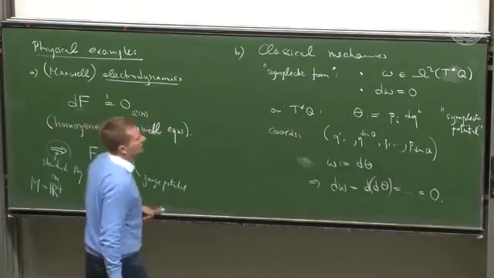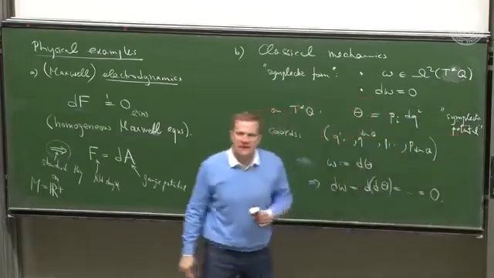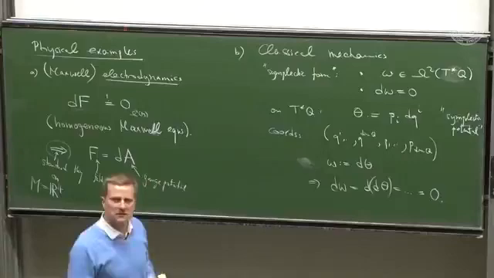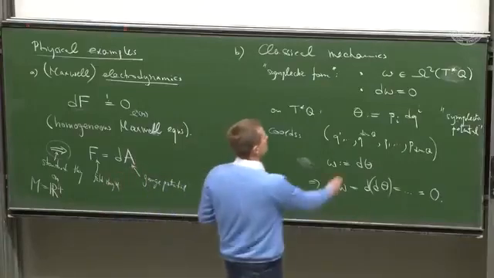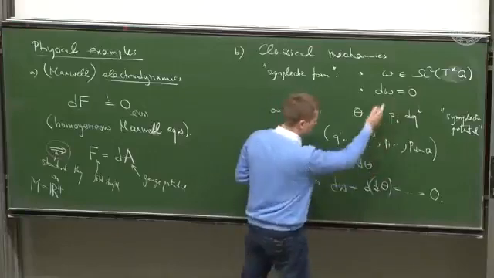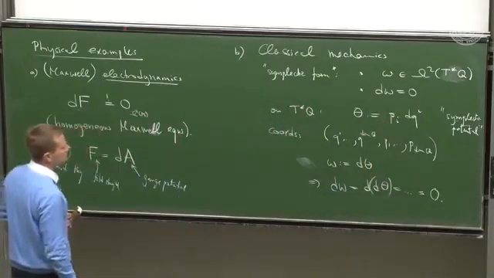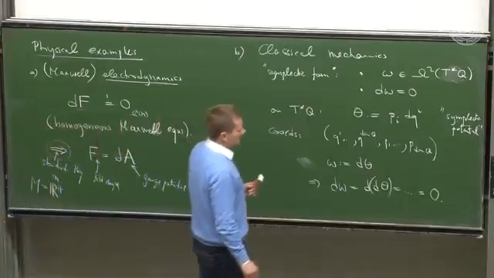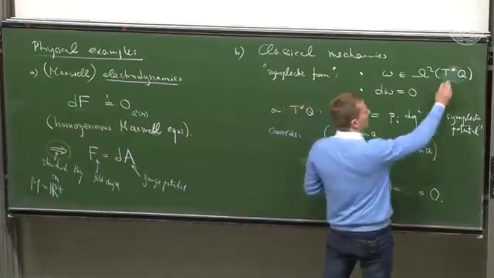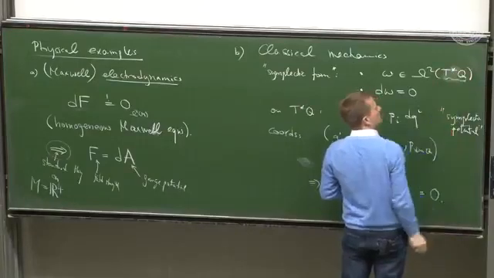Aha, so if your phase space is the cotangent space of some configuration space, then it is trivial that d omega is 0 if you define omega this way. You can trivially find one such thing, at least in some local patch. But in fact, you can always. But then you could say, well, let's not have the cotangent bundle of something.